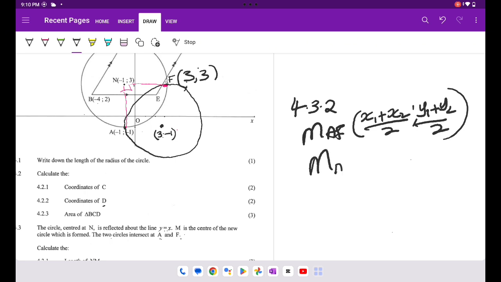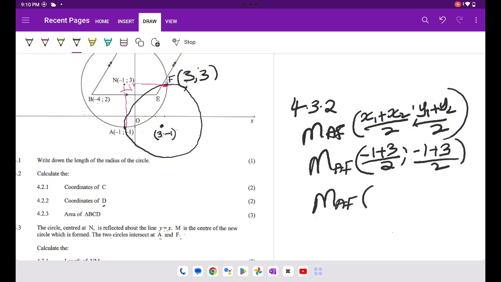So the midpoint of AF will therefore be -1 plus 3 over 2 for the x values, and the same thing applies to the y values, also -1 plus 3 over 2. So -1 plus 3 is 2, over 2 it's 1. So the midpoint of AF is (1, 1).